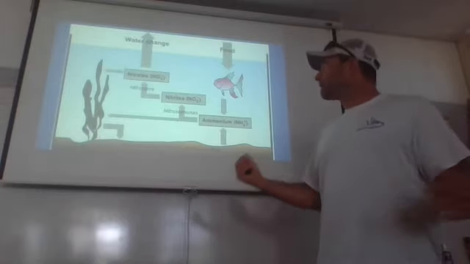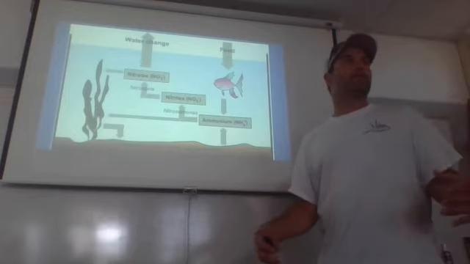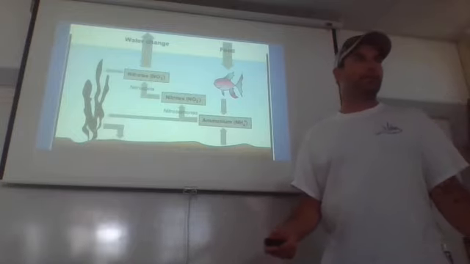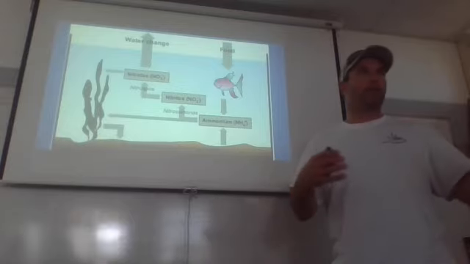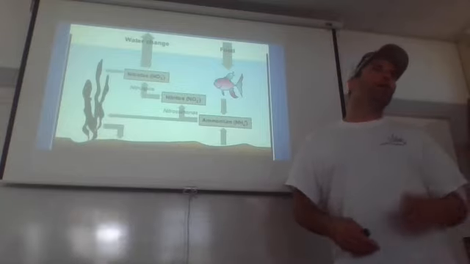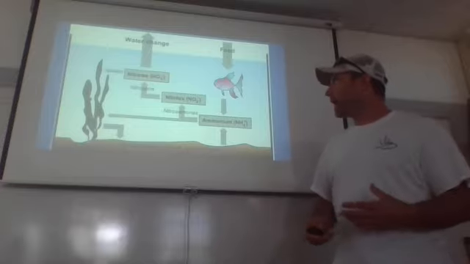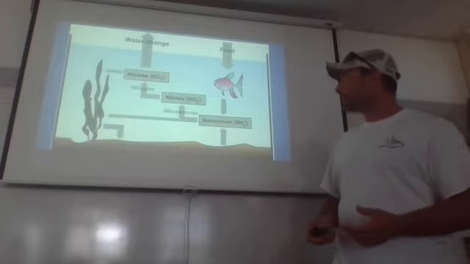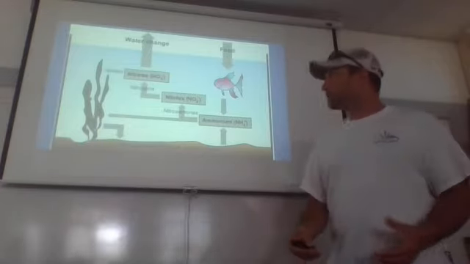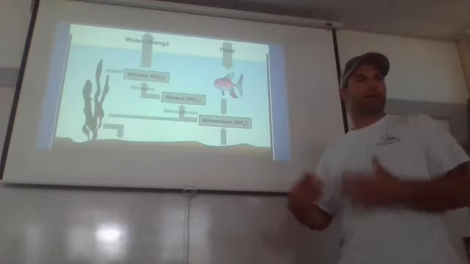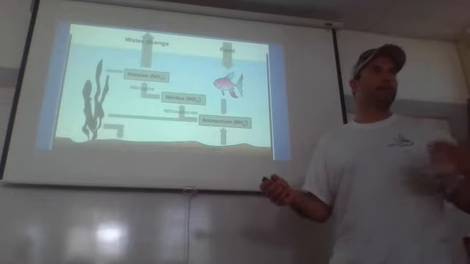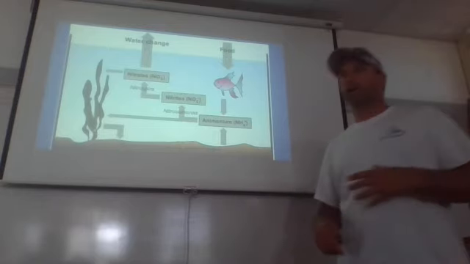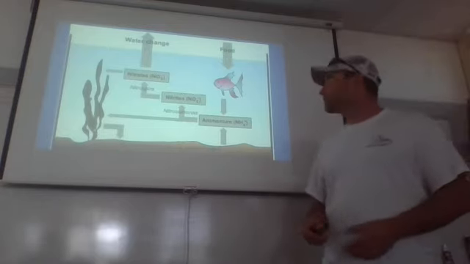And then nitrate is the form of nitrogen that's most available to plants. So if you add fertilizer to your lawn, it has your NPK ratio. Most of that nitrogen is in the form of nitrate, and that's what's used in aquaponic systems. The nitrate's pulled out by a plant, or submerged aquatic vegetation will consume that nitrate and use it as a nutrient source.